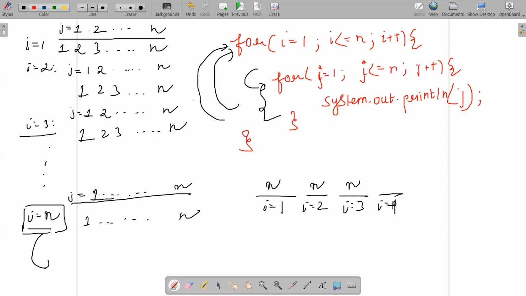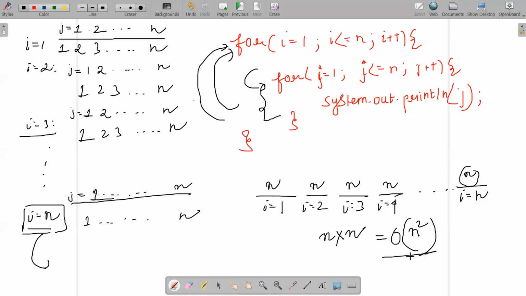Whenever my I turned 4, N times again, till my I reached N, and at this point was the last time the inner loop ran N times. So for N values of I, the inner loop ran exactly N times. So the overall number of times my loop is running is N square.